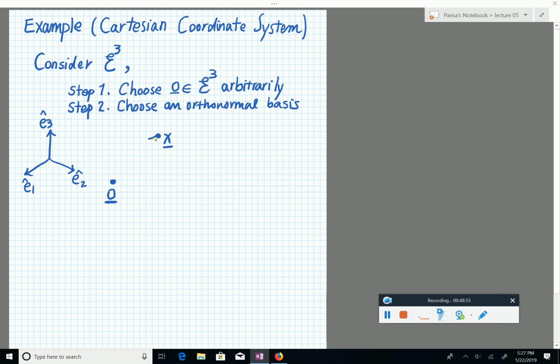And we learned that in a Euclidean point space, you have 2 points, you can have a line. We learned that you can also have a vector space to define a vector which goes from O to X. So I define the coordinates as follows.